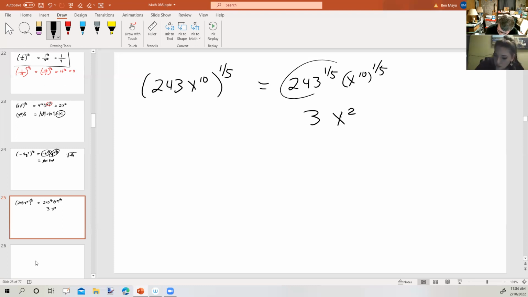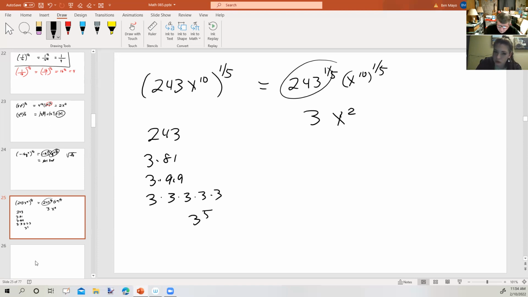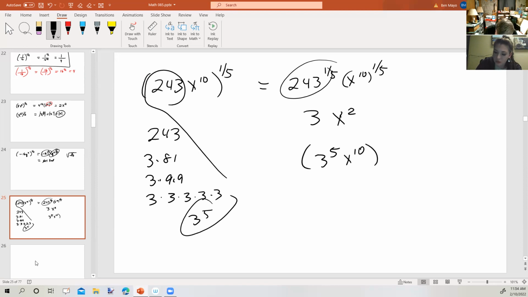Or if I don't want to use my calculator to do this, I could say, well, 243 is 3 times 81, which is 3 times 9 times 9, which is 3 times 3 times 3 times 3 times 3, which is 3 to the 5th power. So replacing 243 with 3 to the 5th, this would be 3 to the 5th to the 1/5 times x to the 10th to the 1/5, which would be 3x squared.